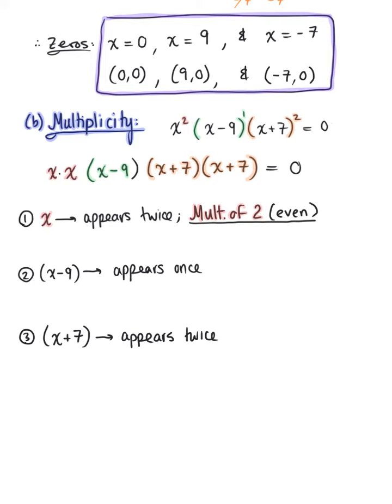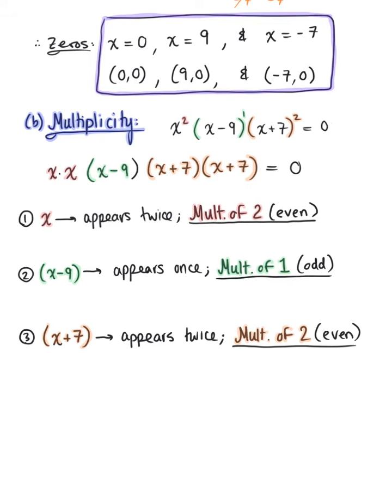Now with the factor x minus 9, we know that this factor appears once, which means it has a multiplicity of 1. Now 1 is an odd number. And last but not least, with the factor x plus 7, we know that this factor appears twice, which means that it has a multiplicity of 2, which is an even number.